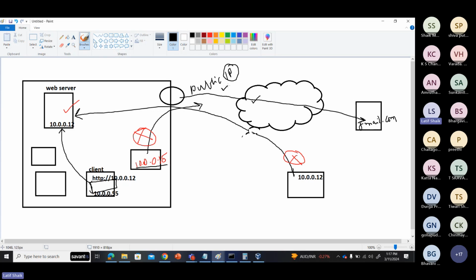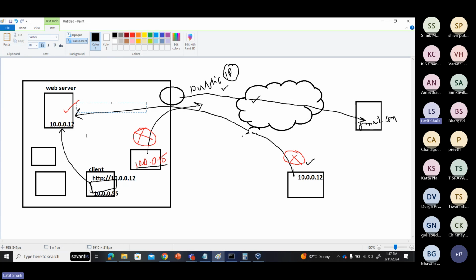Second, I have a web server that should be accessed from outside. This server needs an internet connection and a public IP address. For example, I purchase a public IP address and assign it to this server.